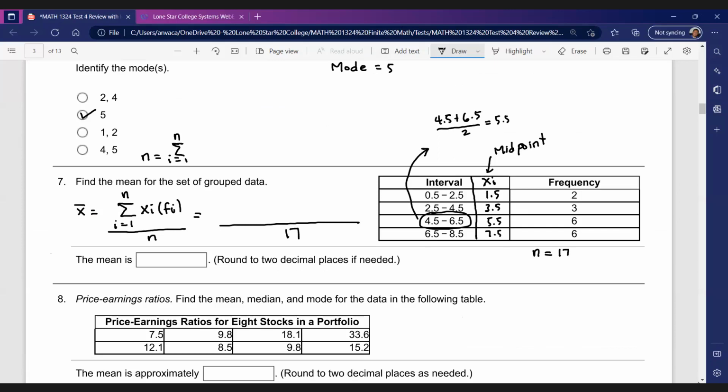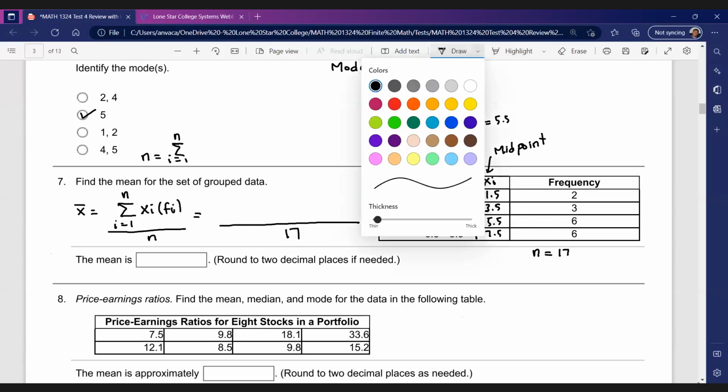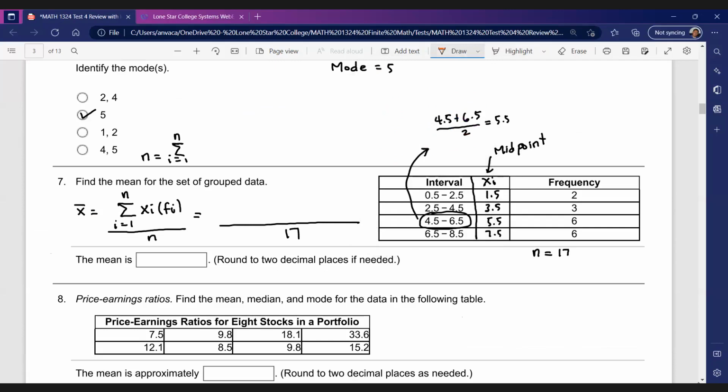So how do we find this sum? The sum will be 1.5 times its frequency plus 3.5 times its frequency plus 5.5 times its frequency plus 7.5 times its frequency.